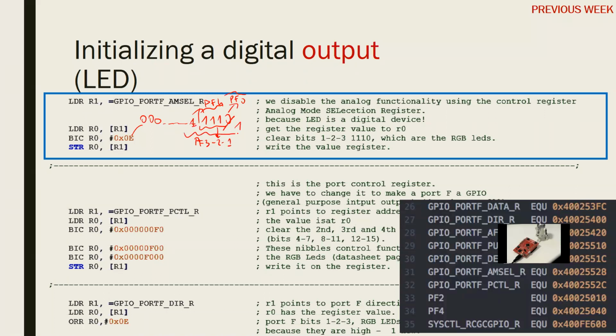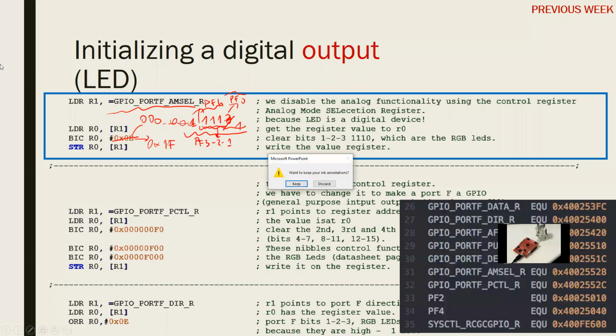So the number that I should be loading to this register shouldn't be 0E this time, but it should be 0x1F, because this is F when this is 1, and this is 1. So it's 1F.